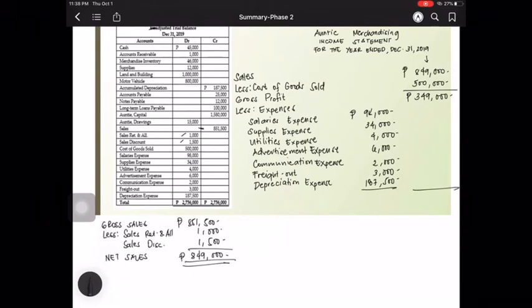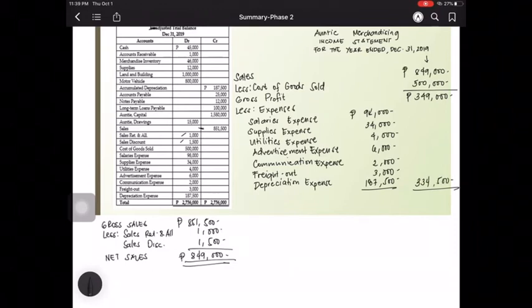Alright, so you get the total of the expenses. We have 98,000 plus 34,000 plus 4,000 plus 6,000 plus 2,000 plus 3,000 plus 187,500. Okay, so you should be able to compute for 334,500 here.